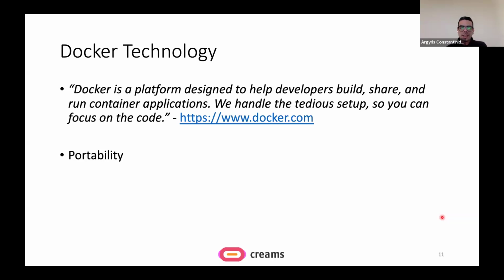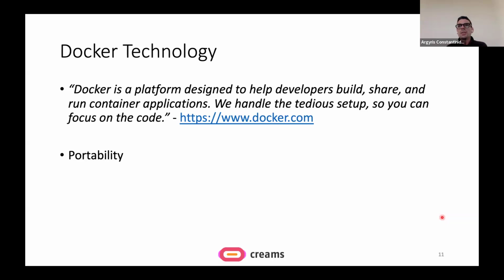This is not the case with Docker because, as I will show you in a while, we define what we need in some configuration files, what versions of libraries we need, what resources we will use, or more advanced configuration, like what will happen if the container runs out of memory, for example, and so on.